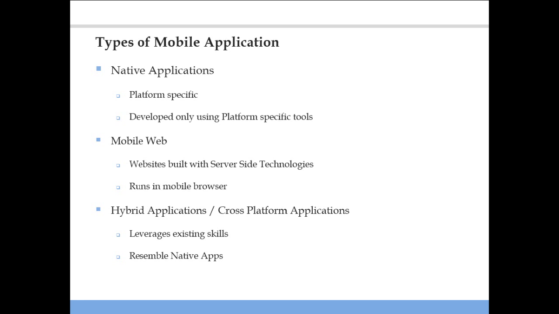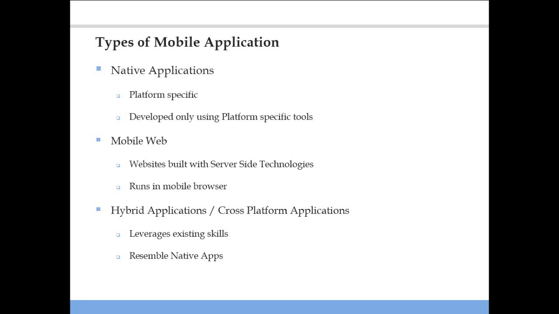Native applications are platform-specific applications. For example, Google, Apple, or Windows provide their platform-specific tools to develop these applications. These applications run in the native environment, in the native shell, and the user experience is completely different.